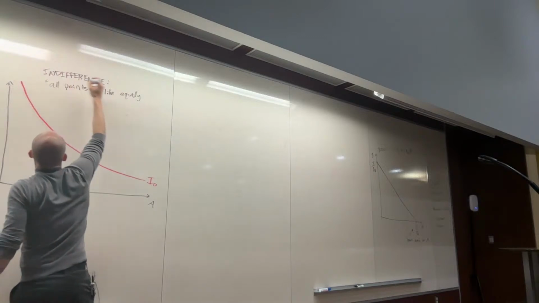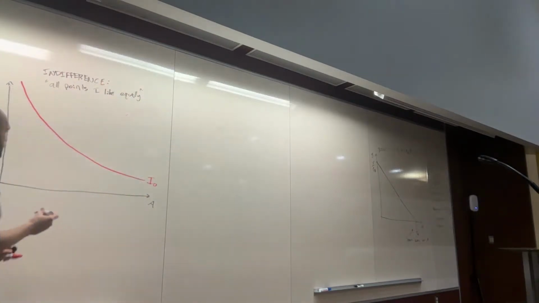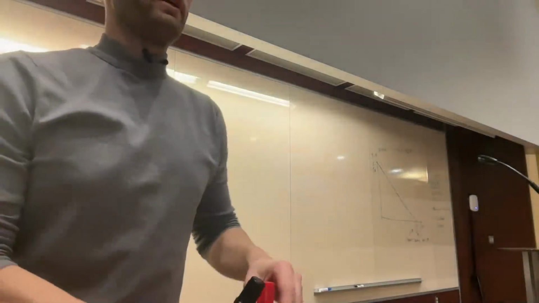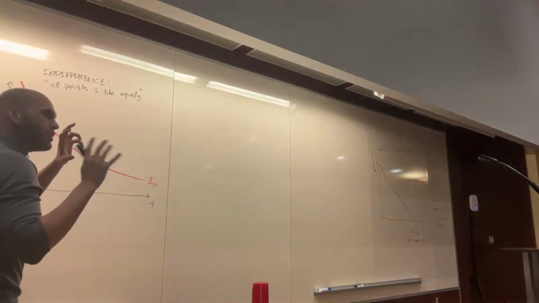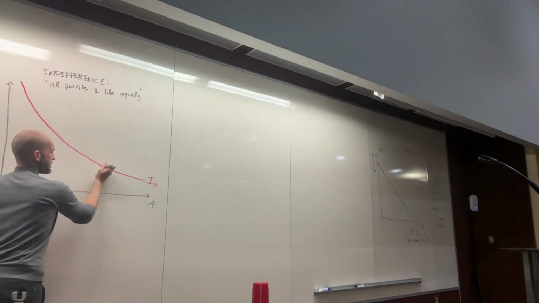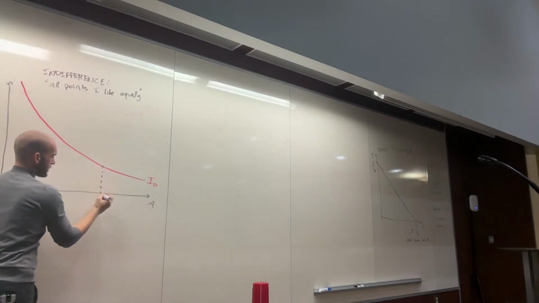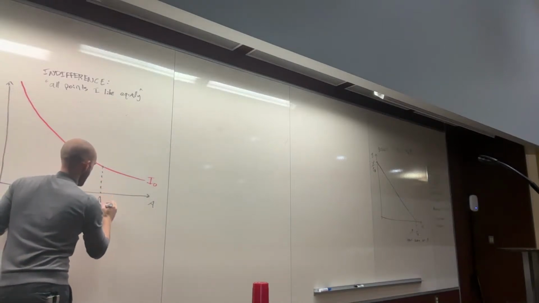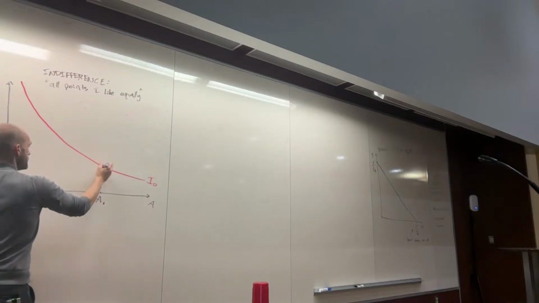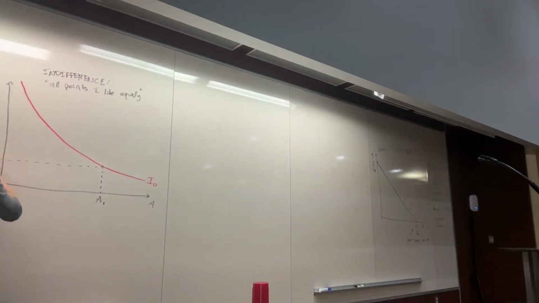Excuse the grammatical incompleteness. A way we can think about this is to plot it, similar to the questions we asked Ryan. Let's say we're at this particular point, call this A1. At A1, we also have some level of bananas, B1.